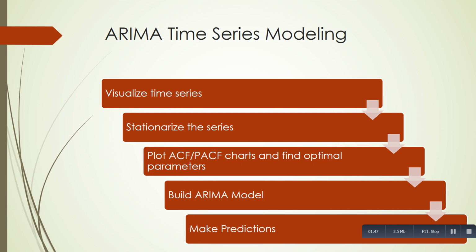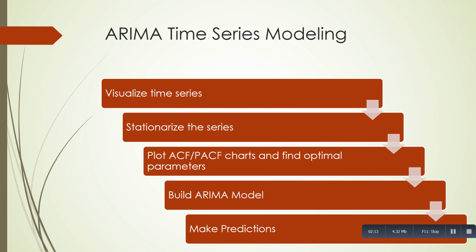Then we plot the ACF and the PACF charts to find the optimal parameters used for modeling. For instance, the ARIMA model could be an AR model only or an MA model only. For instance, it could be AR1, MA1, which are then integrated. If the series is not stationarized, then the series is differenced first order, second order.